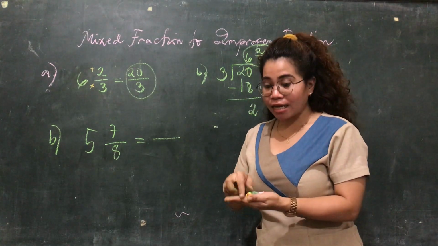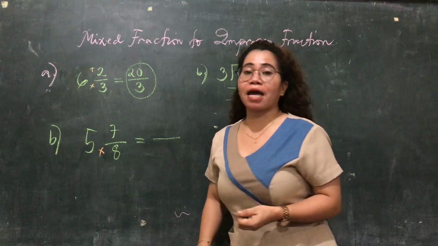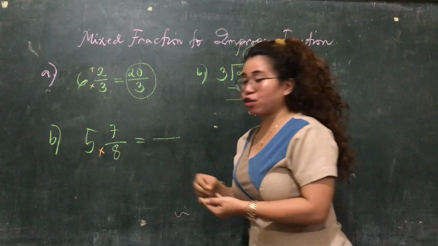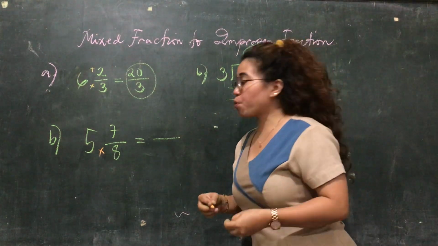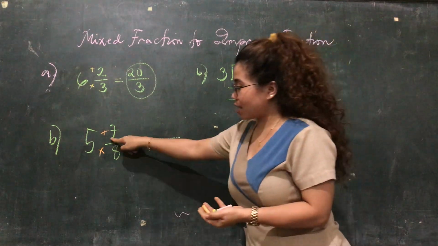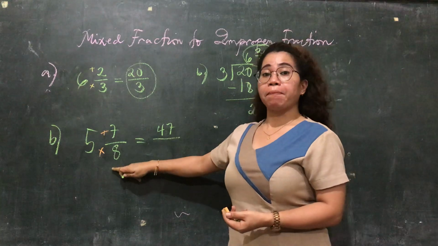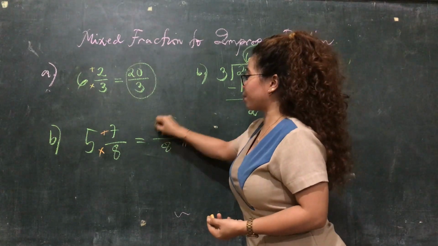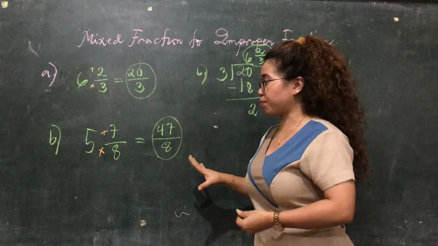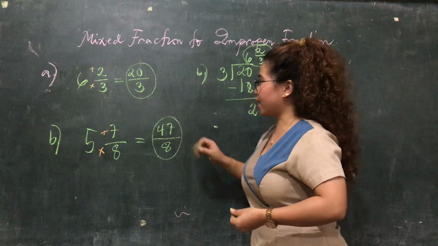Multiply the denominator by the whole number. 8 times 5, you have 40. Add 7 to that 40, you have 47 over, copy the denominator. So the improper form is 47 over 8.